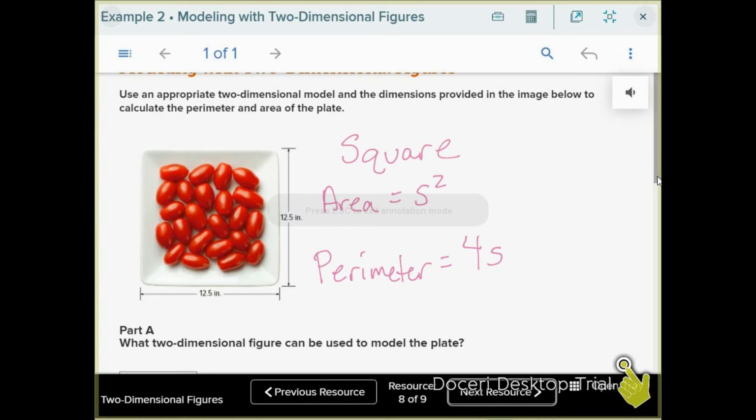So my area, since my side is 12.5, would be 12.5 squared, which means 12.5 times 12.5.